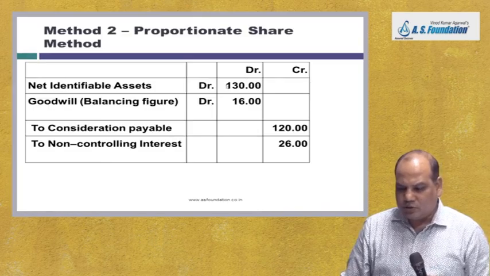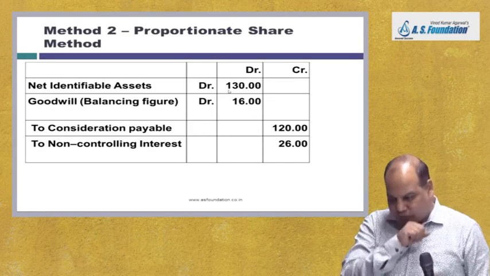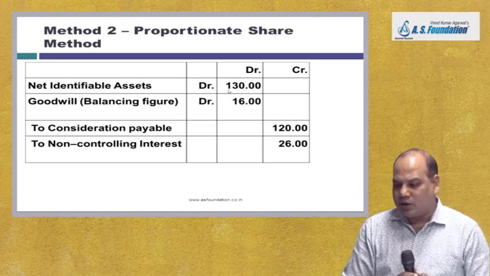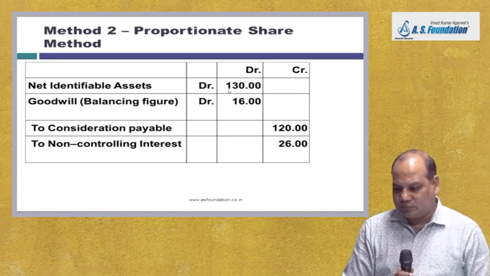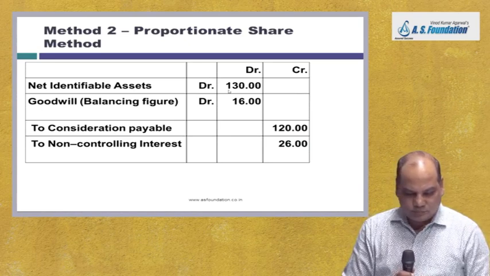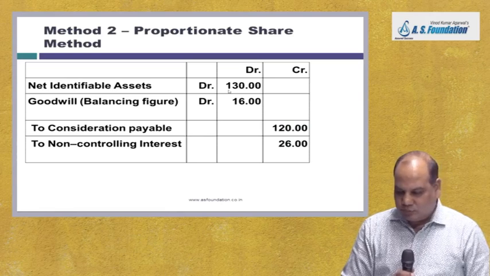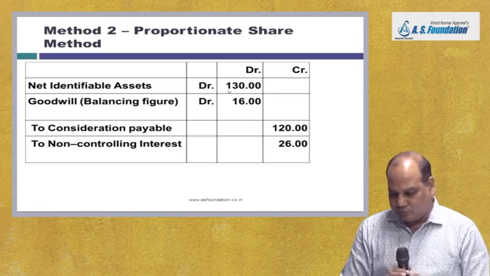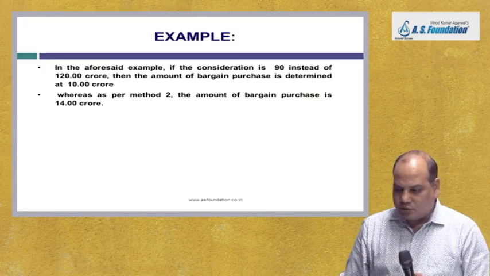Okay, now you try method 2. Net identifiable asset account debit 130, goodwill account debit 16, to consideration 120, and to NCI 26.